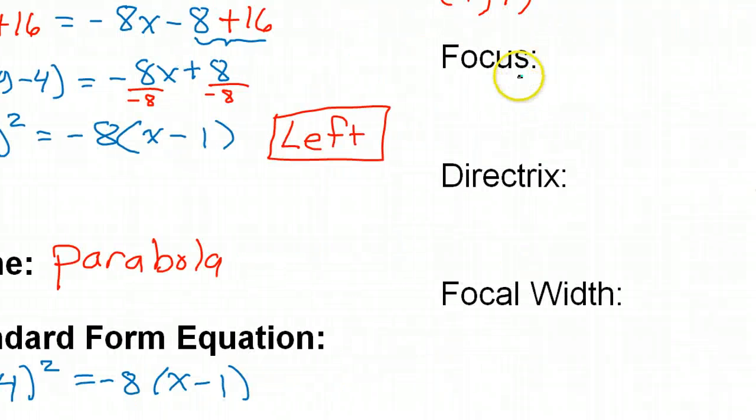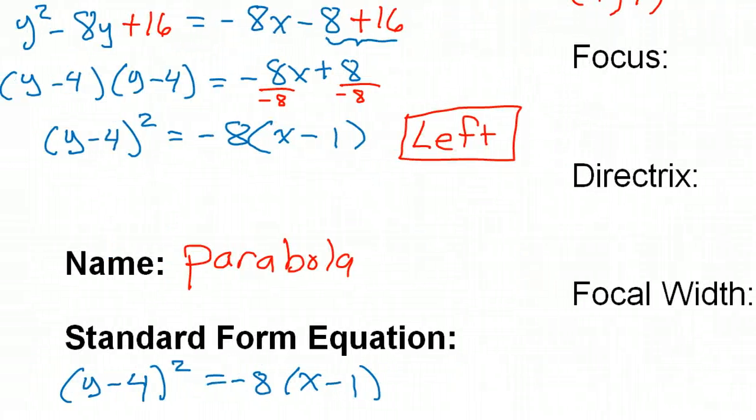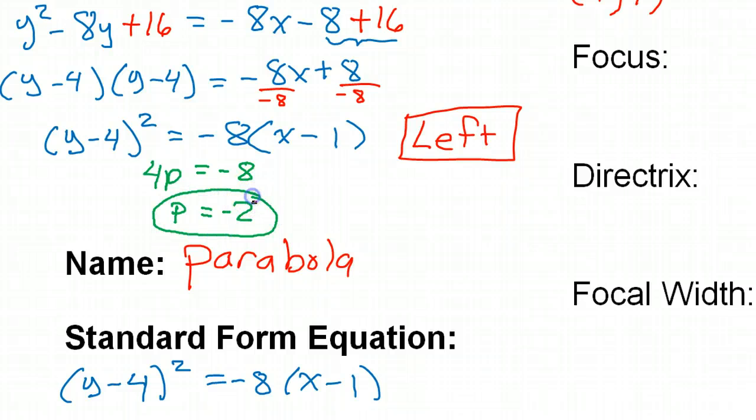So it's time for the focus. Now for the focus, I'm going to need the p-value. Hopefully you know that 4p equals this negative 8 right here. If I divide both sides by 4, I get p is equal to negative 2. So that's useful. This tells me where to put the focus.